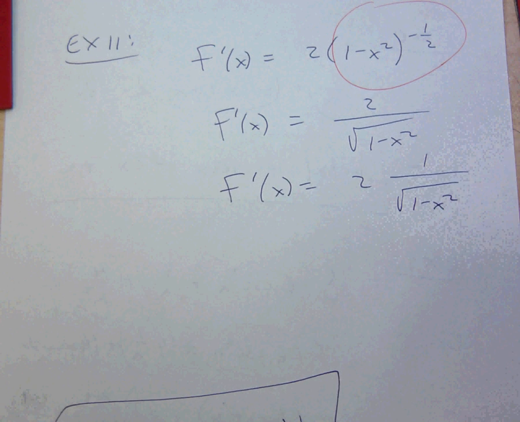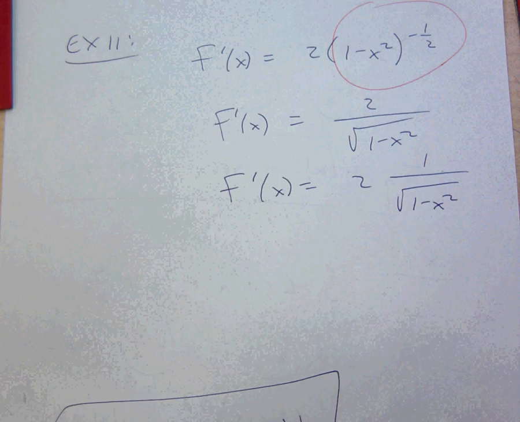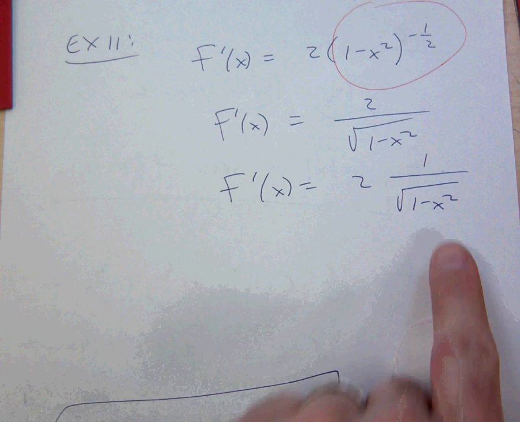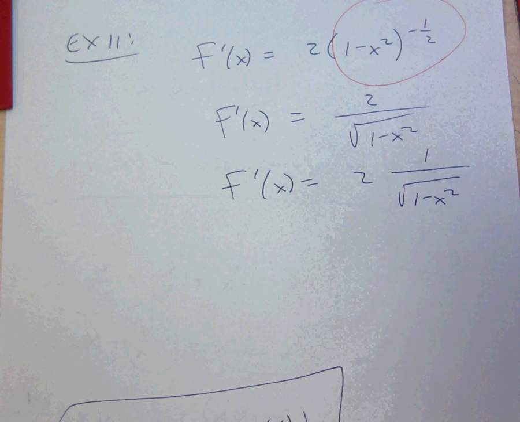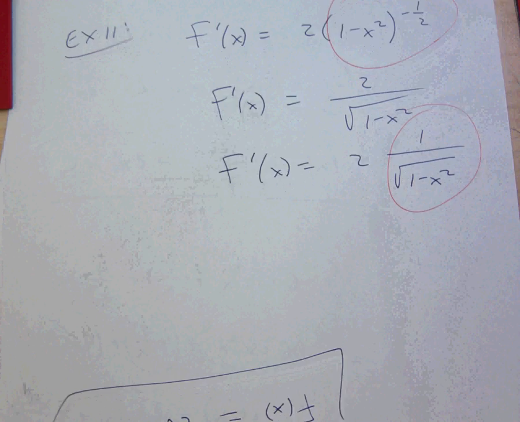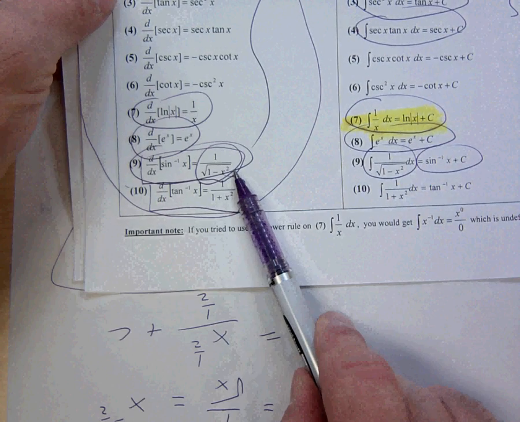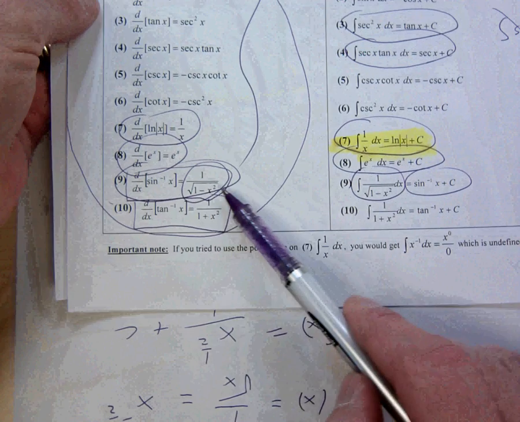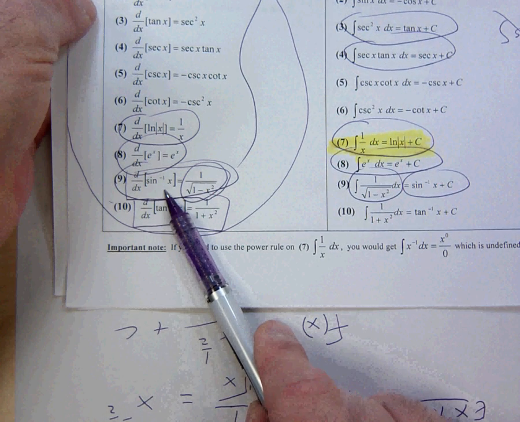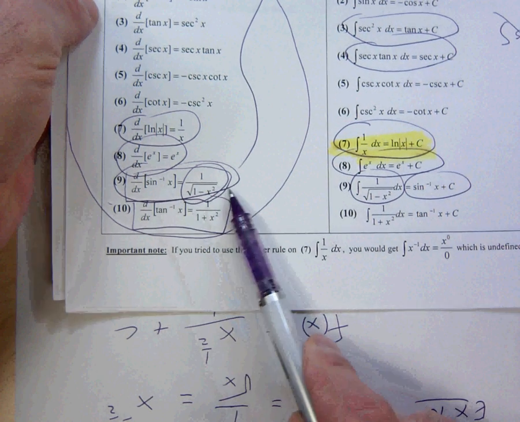Now, look at your list. Look at your list here. Does that right there look familiar to you guys? It should. What is it? It's your what? It's the result for the what? For the inverse sine derivative. So going backwards, what's the antiderivative of that thing?